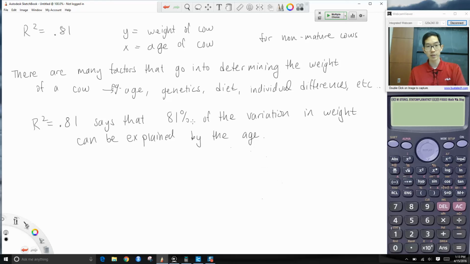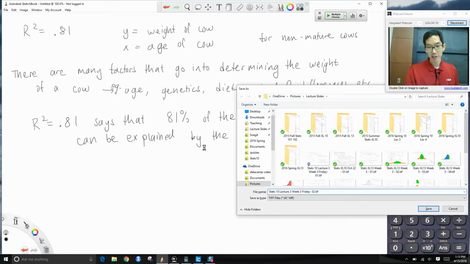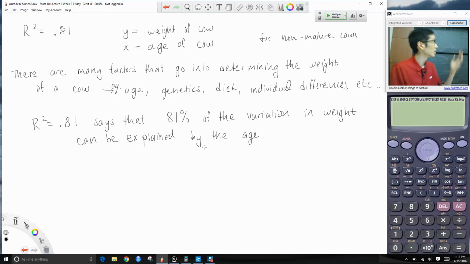Okay, and so the remaining 19% would just be caused by the other stuff, is what we're saying. Okay?